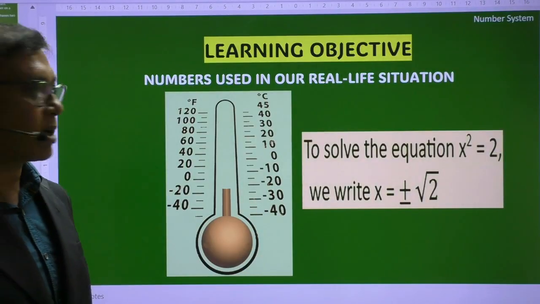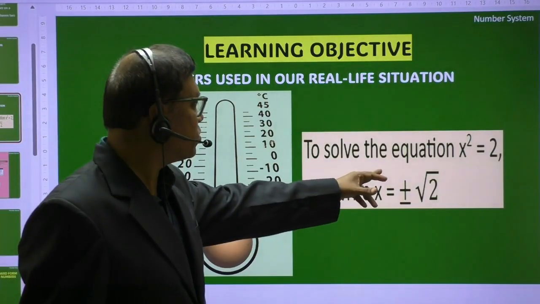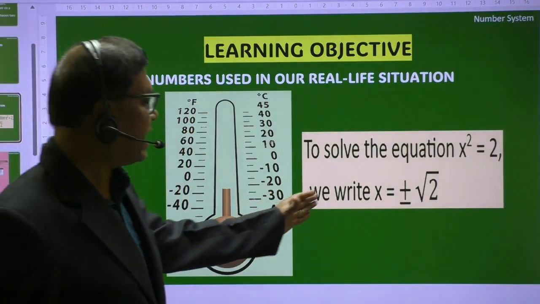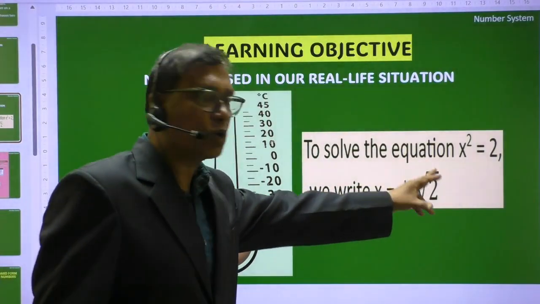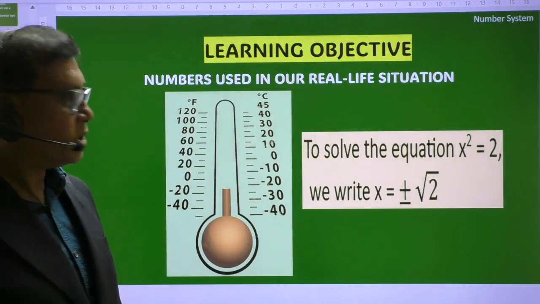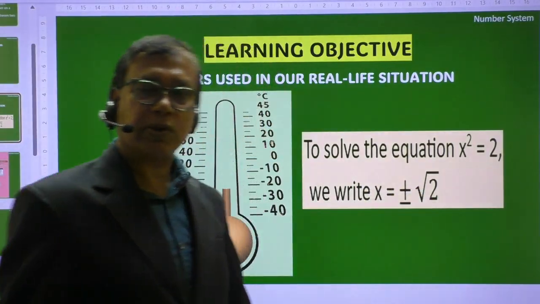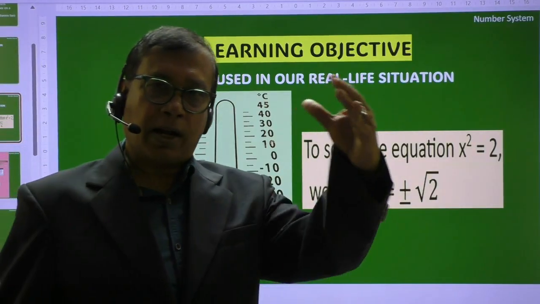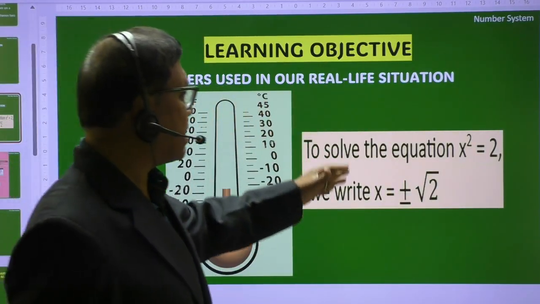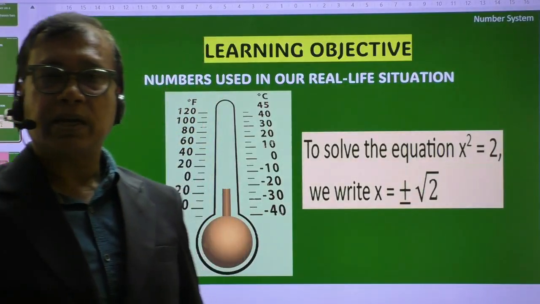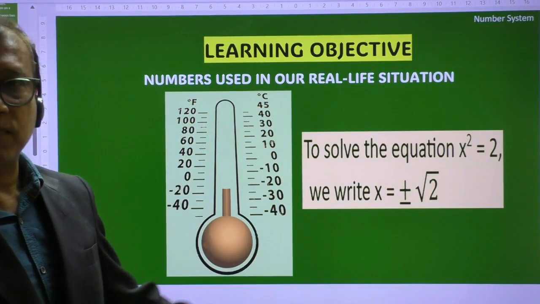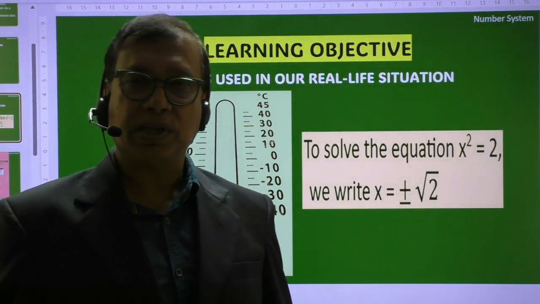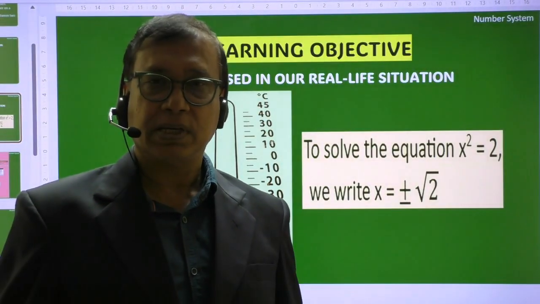So this is one kind of numbers. Again see here, to solve the equation x square equal to 2, we write x equals to plus minus root over 2. So this is also one kind of number. Students, see what types of numbers we are using in our real life situation, various types of numbers. So today we will discuss this number system. Is it clear?